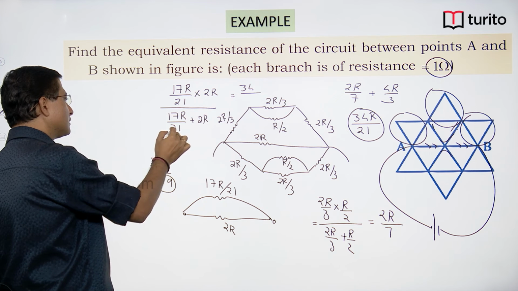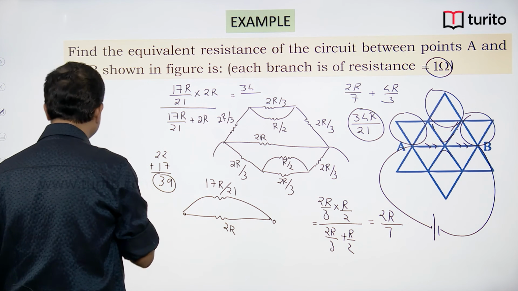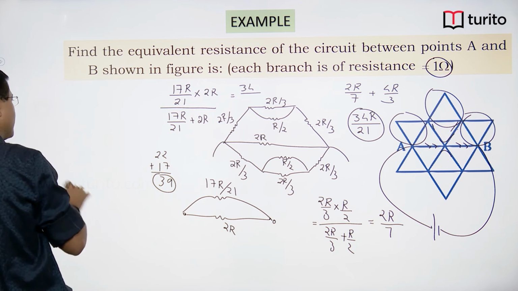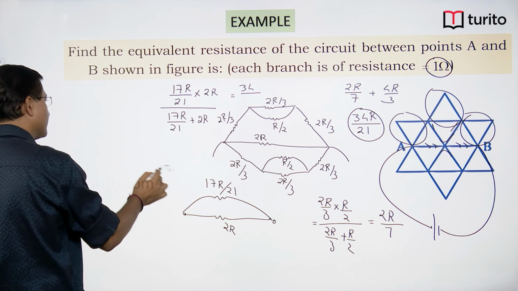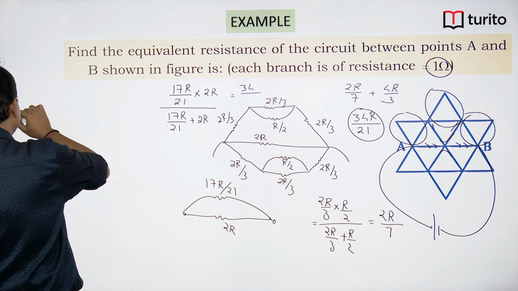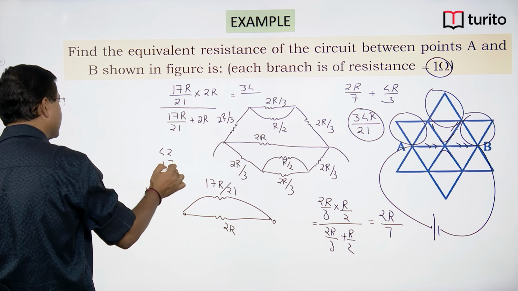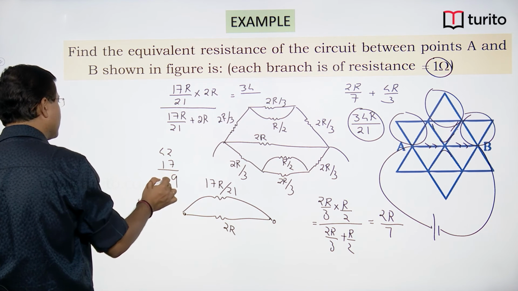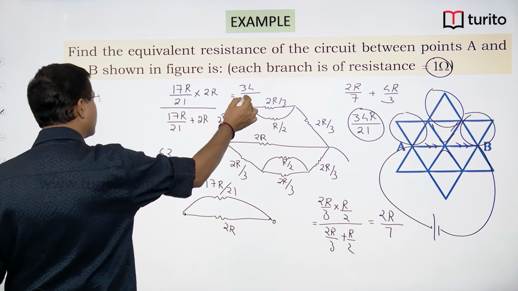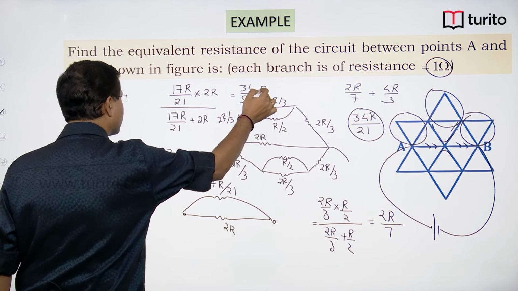If you multiply, you will get 42, sorry, by calculation, this will be 42 plus 17 I need to do, this will be 59. So, I can write 59R.